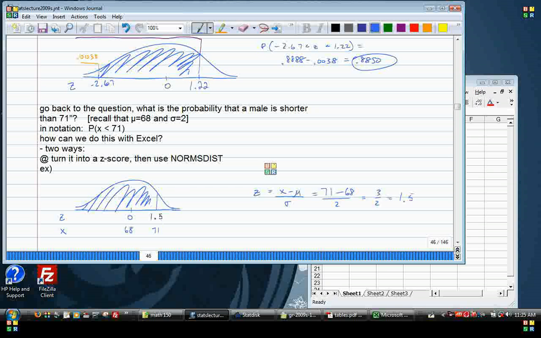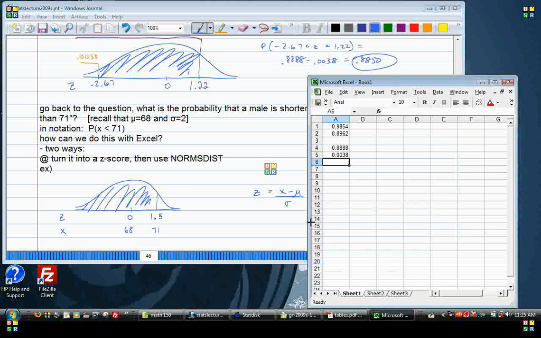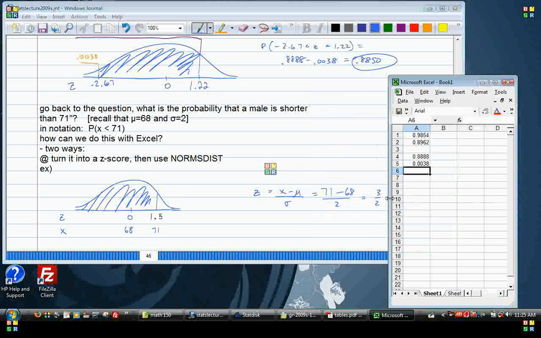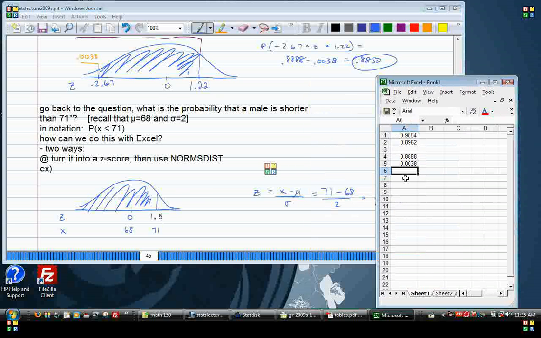Use Excel to get the probability. How do we do that? NORM.S.DIST of 1.5. 0.9332.